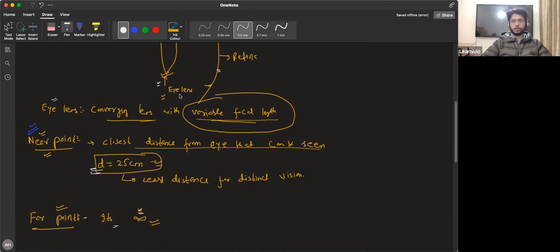Arpit, what is magnification exactly? Sir, it is the ratio of height of image to height of object. That's magnification. Okay, Anshika, no issues, you can type here. So magnification is the ratio of height of image and height of object.